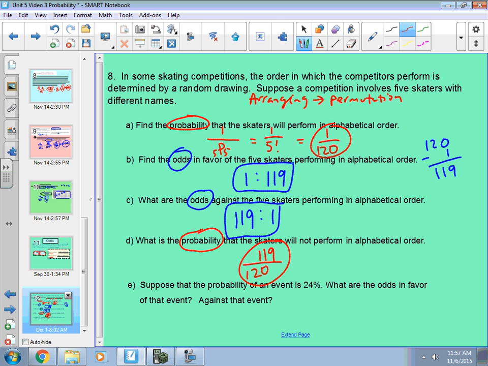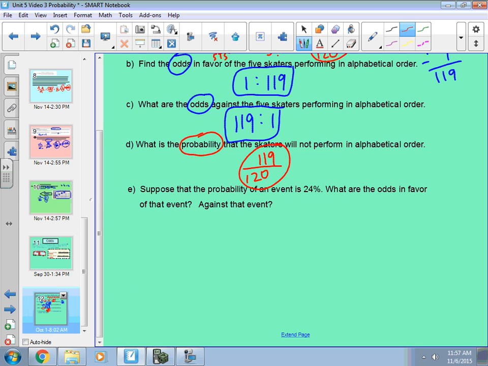And E, suppose that the probability of an event is 24%. What are the odds in favor of that event? And then it says also against that event. So let's start with the fact that we are doing an odds problem. Let's look for in favor first. If we're talking about 24%, well, we know percentages are always out of 100%.